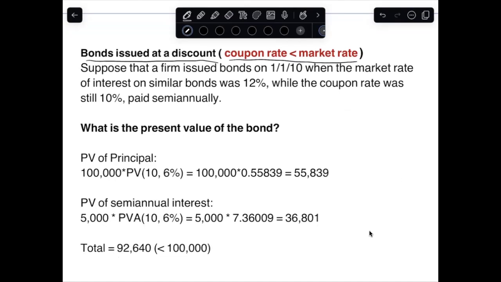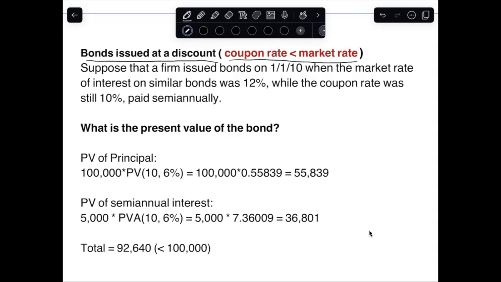Would you like to invest in that bond? No, right? Because the return is less than the market. So what should the company do to make the bond more attractive to investors? It will sell the bond at a discount, less than the face value. That makes the bond more attractive.